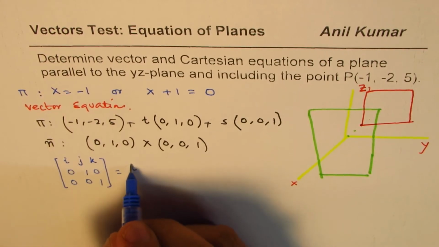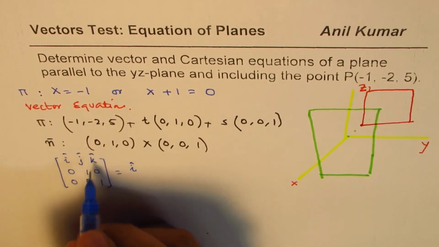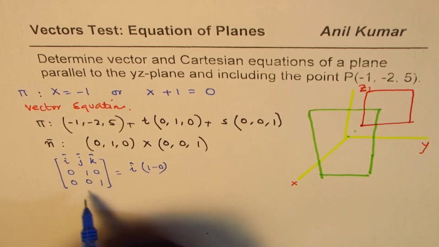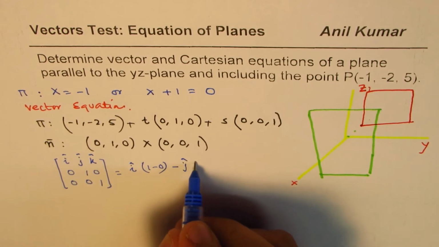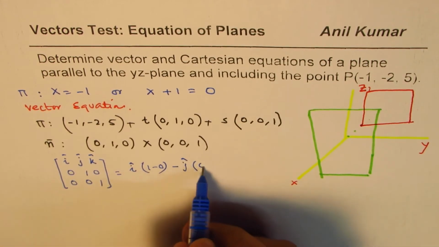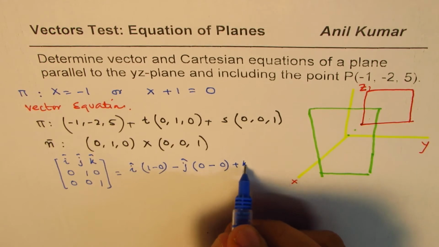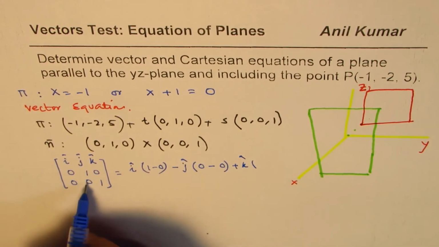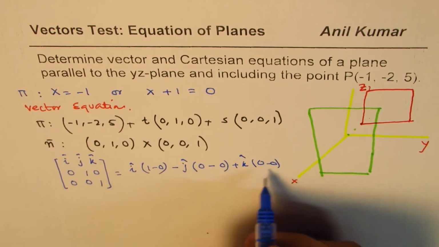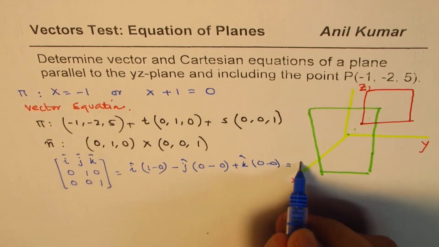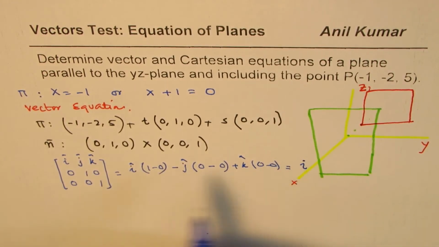That is equal to I times, these are the unit vectors, 1 times 1 minus 0, minus J, 0 times this is 0, minus 0, plus K, which is 0 minus 0. Ultimately, what you get here is just I. So that is the normal.